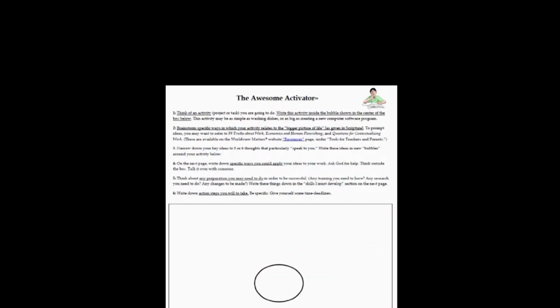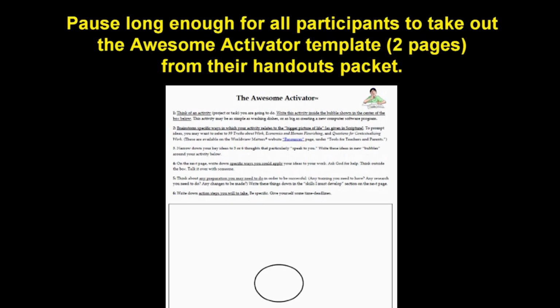If you look in your packet and get that tool out, now, take out this tool. This is called 99 Truths about work, economics, and human flourishing.